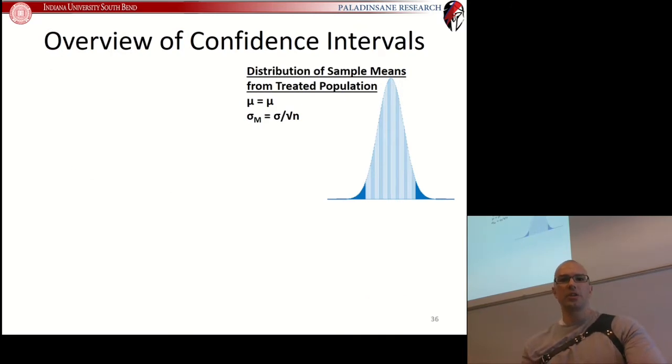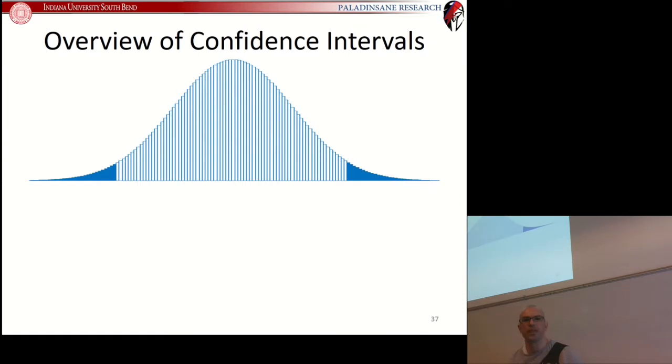All right, so to explain this, we're going to take this distribution of sample means, the comparison distribution, the treated population, and we're just going to expand it visually. It's a little hard to fit what I need to explain. So this is just being stretched out for visual purposes. And we have the mean of the treated population, and that is what we want to estimate. That is the mean of how long monkeys spend with the terry cloth mother.